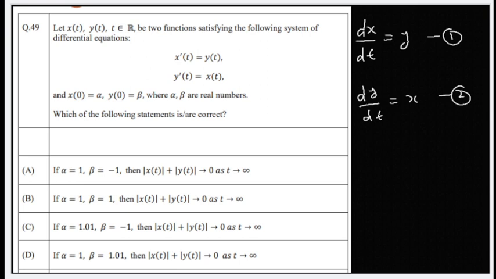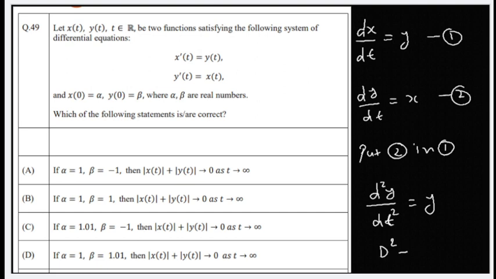Put equation 2 in 1. We get d square y by dt square equal to y. Suppose this is equation 3. Simply, we can write (D square minus 1) y equal to 0.